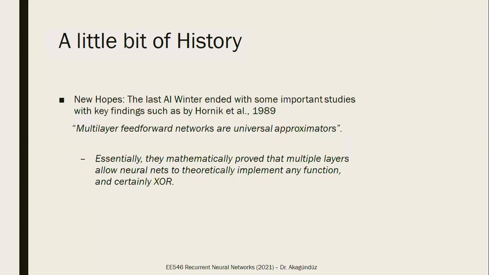Now we are working on how to train recurrent neural networks better, actually with LSTMs, which we are going to learn in this course. That was also a revolution to effectively train recurrent neural networks. So the main idea is, since we know that these layered architectures can learn any function, we are trying to find ways to train them.